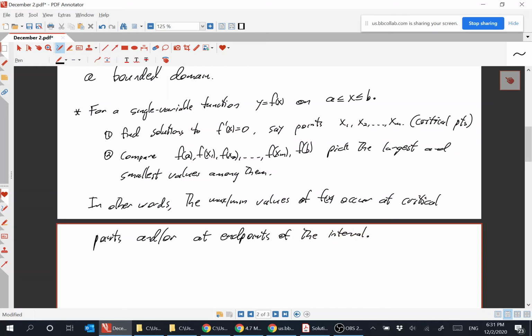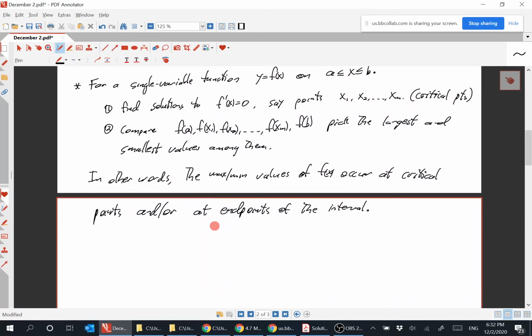So for a single variable function, that's what you get. The max and min values are at critical points or at the endpoints. What are the critical points? The solutions to f prime of x equal to 0. Okay.